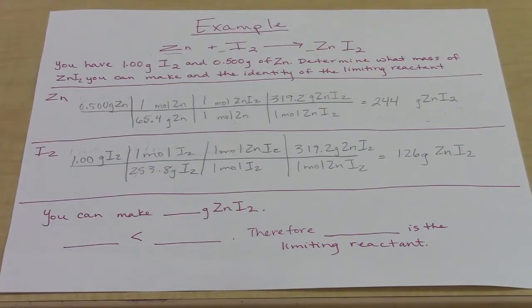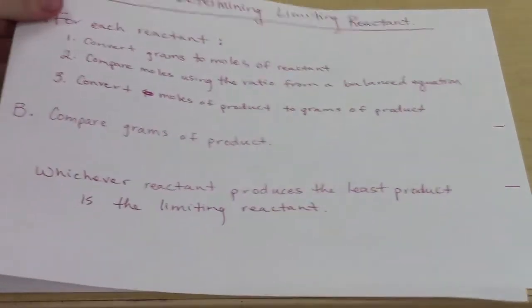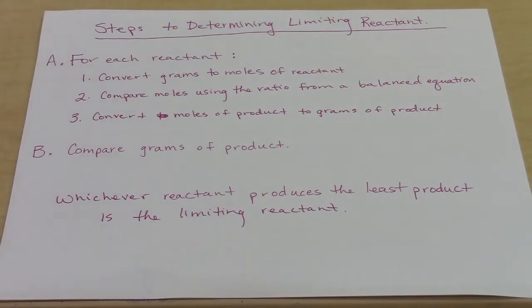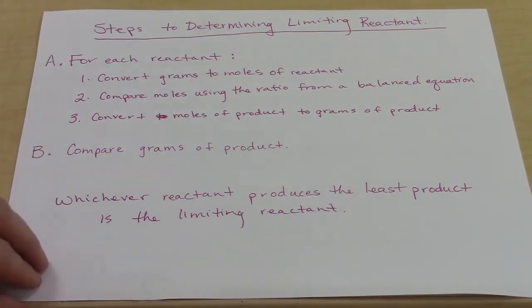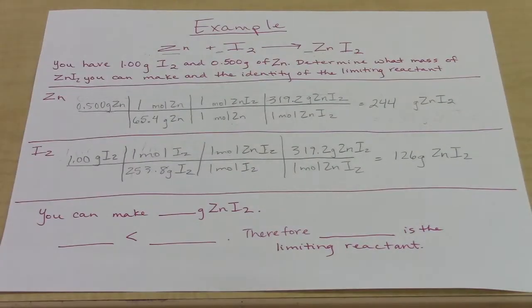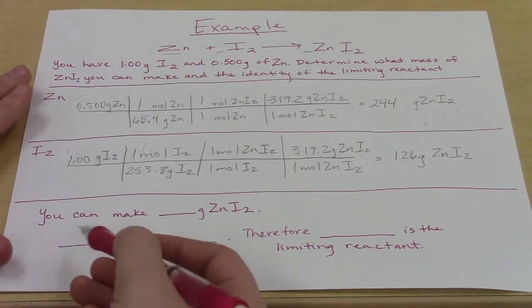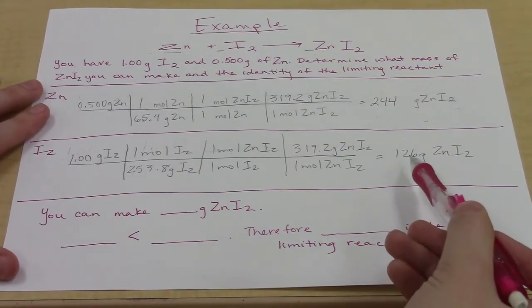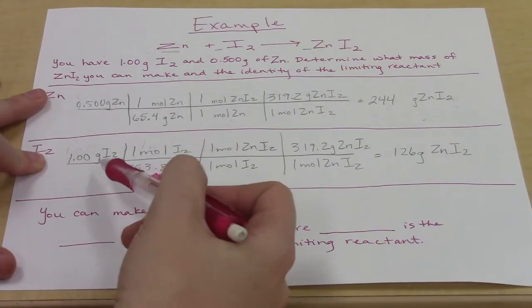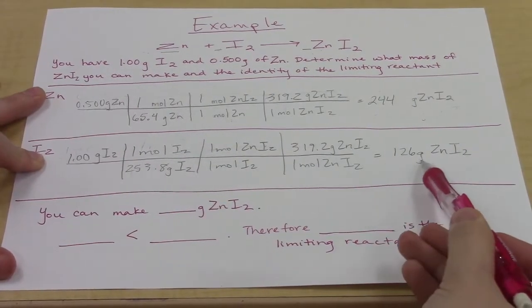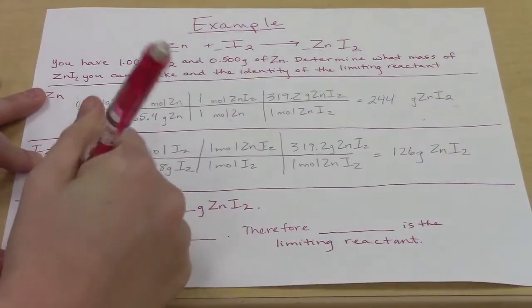Okay, so that is all of A, right? For each reactant, we did all the stoichiometry to get grams of product for both of those. Now we need to compare the grams. So with 1 gram of iodine, you can get 126, which is less than 244.